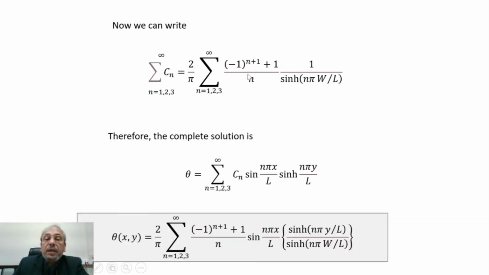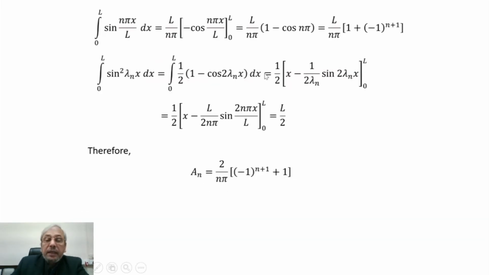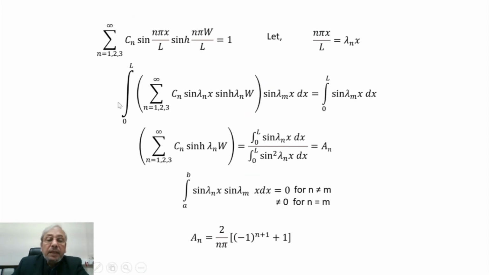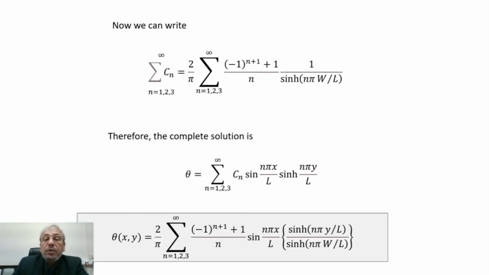And then here with Cn we had sine hyperbolic lambda n w, this will go to the right hand side. So sine hyperbolic lambda n w by L. So this is the value of Cn.